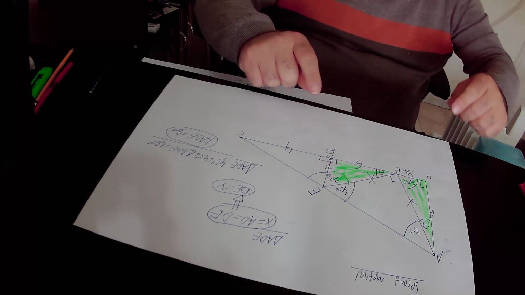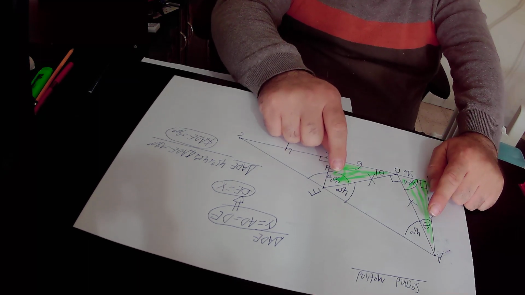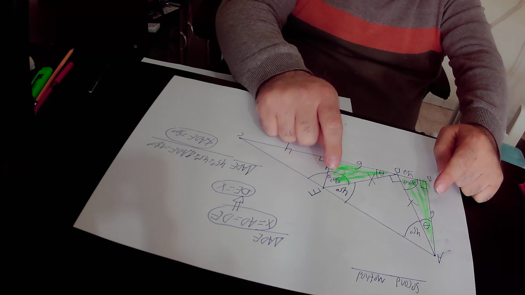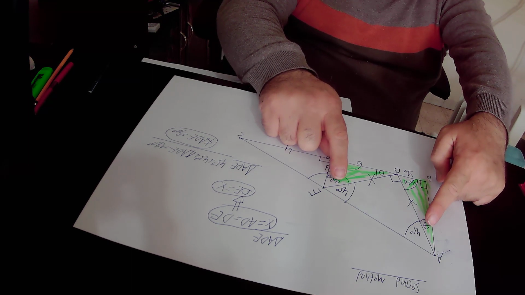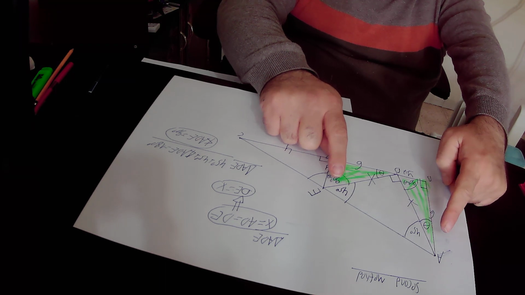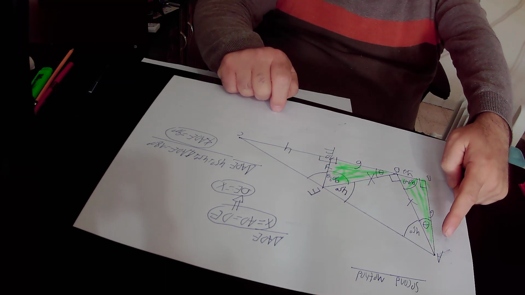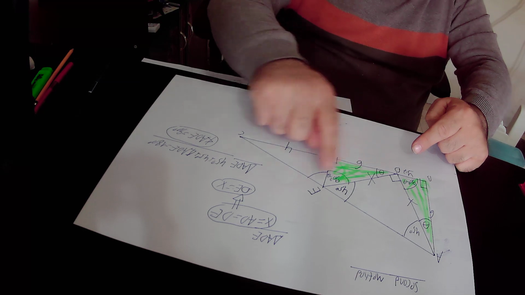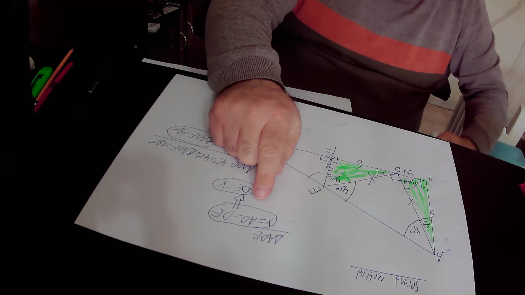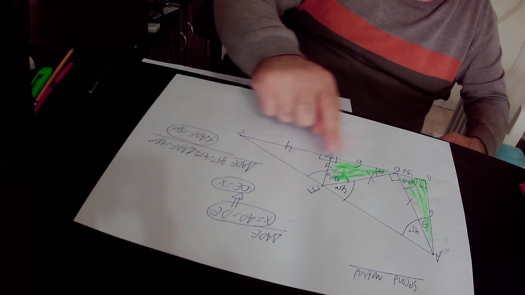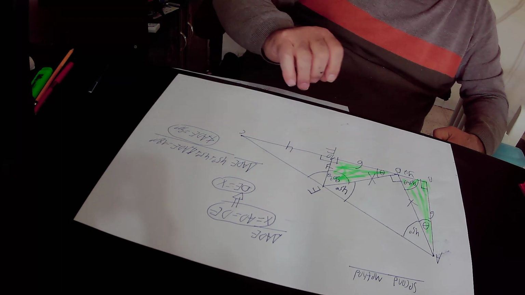Okay, and here in triangle ADE we have two equal angles, and we know that in front of equal angles in a triangle there are equal sides. That is to say, AD must be equal to DE, but AD equals X. So from this equation, X equals AD equals DE, we derive that DE is also equal to X.